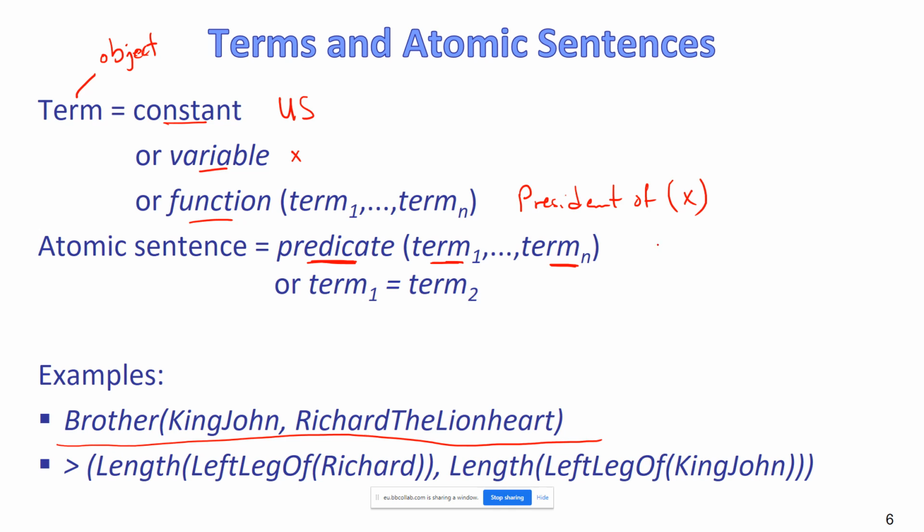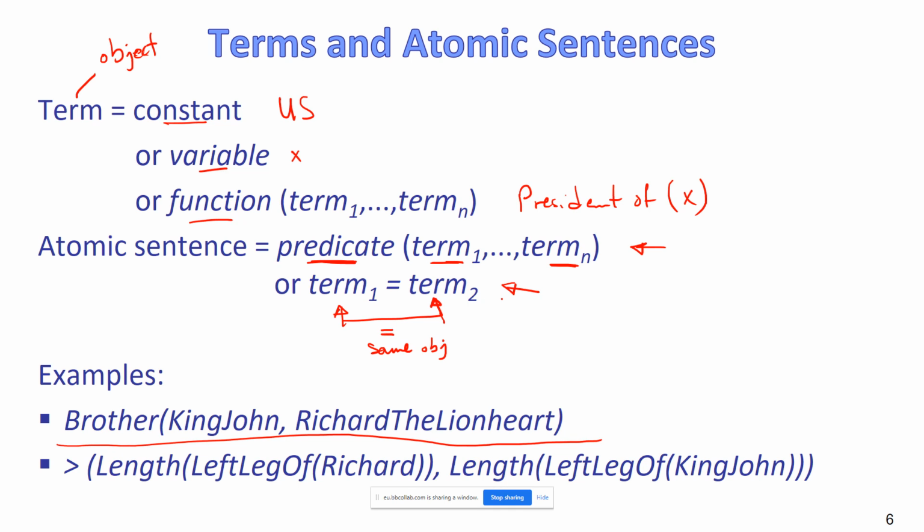So that's one way of looking at a simple or atomic sentence. Another way is the equality sentence, which is term 1 equals term 2, which we already mentioned in the previous slide. It means that the object referred to by term 1 is the same as the object referred to by term 2. So these are the same object.